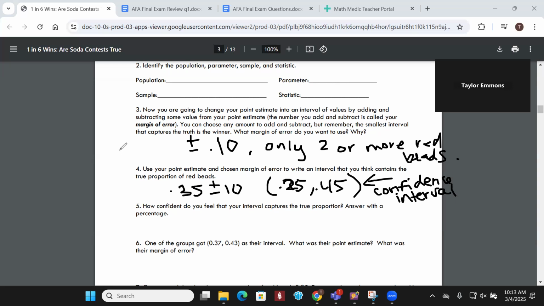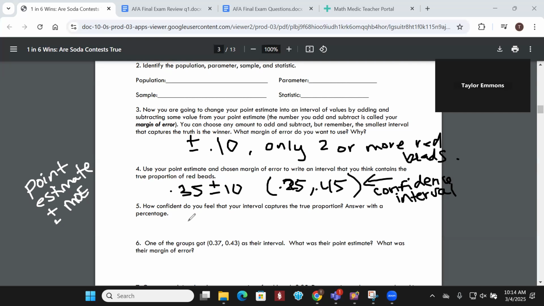The way we found that is we took the point estimate, and we added and subtracted the margin of error. So how confident do you feel that we have captured the true proportion? Give me a percentage. Not less than 100. 99%?